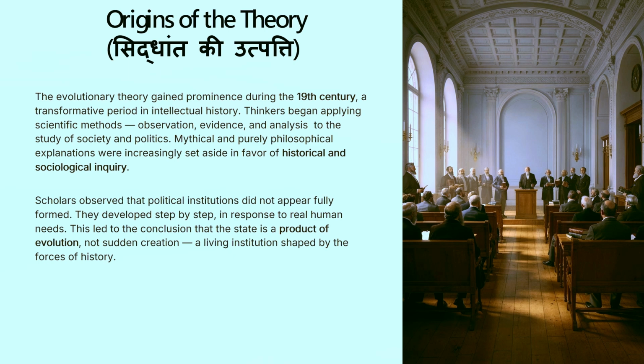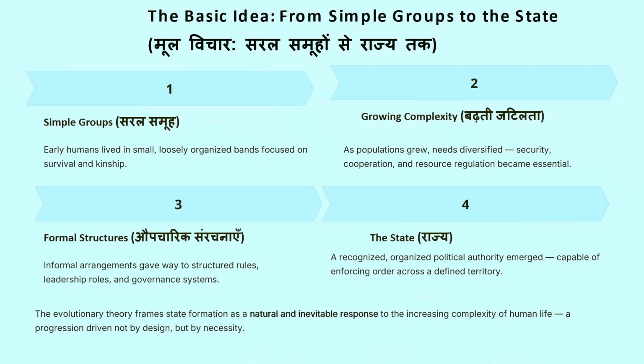They observed that political institutions developed gradually and concluded that the state is a product of evolution rather than a sudden creation. The core idea of evolutionary theory is that the state is the result of continuous and natural development.